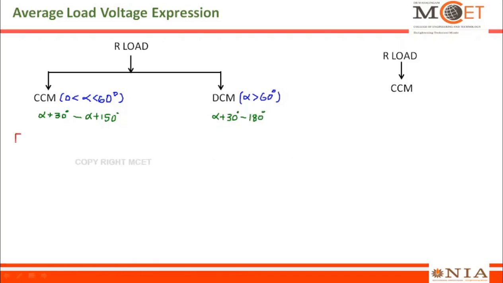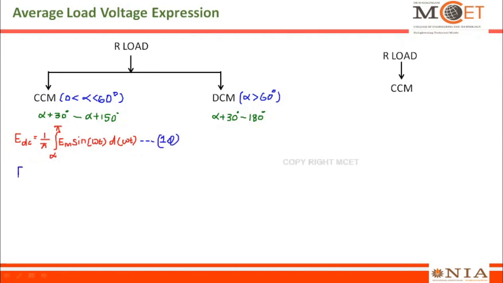Let us write the expression for the average load voltage of a single phase fully controlled converter, which is 1 by pi integration of alpha to pi Em sin omega t d omega t. This expression is for single phase.